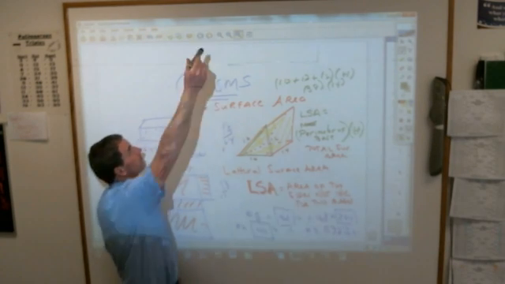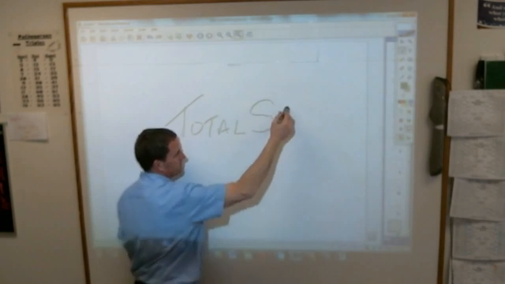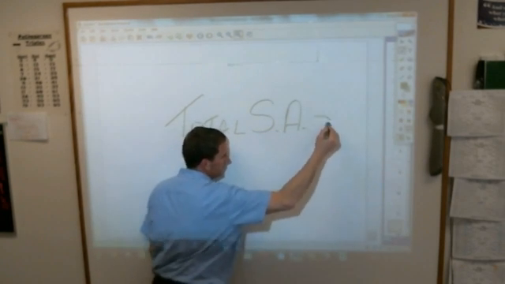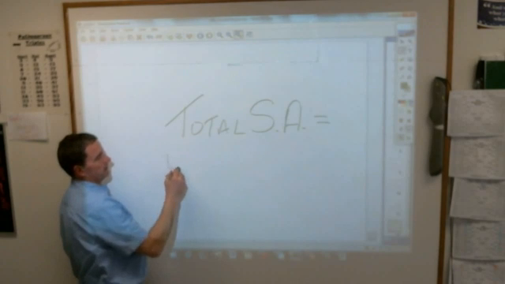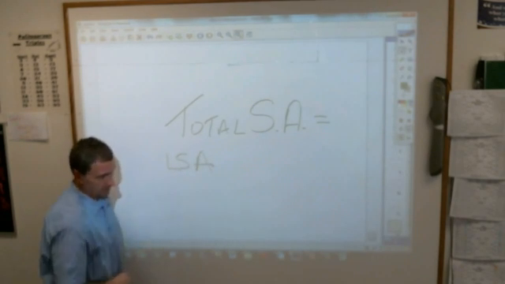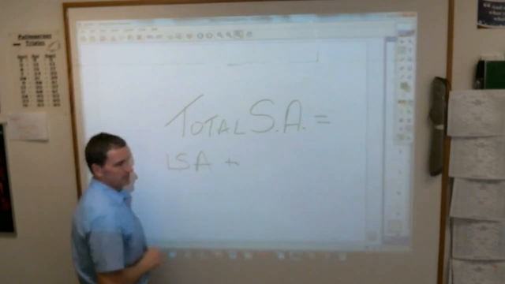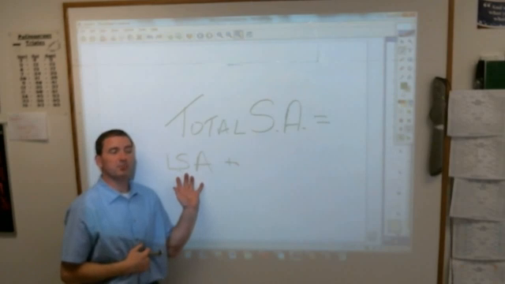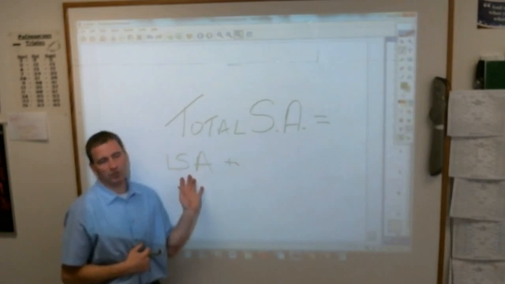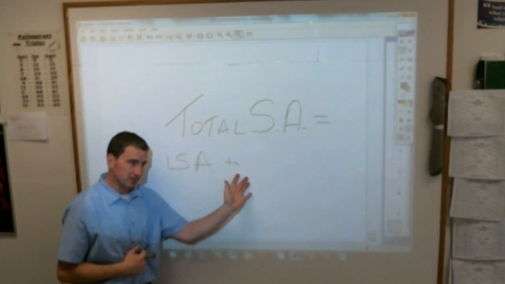Ready? Under this whole prism thing, total surface area equals the lateral surface area, which is what we just did, plus what? Lateral surface area was the area of everything but the bases, so total surface area is the lateral surface area plus the bases.